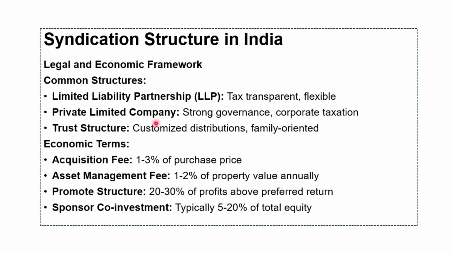Then we have private limited company, where the structure provides a strong governance framework with clear board oversight and decision making processes. However, they face corporate taxation, which can create double taxation on distribution. Then we have trust structure, with often customized distribution mechanisms, and they are often preferred for family oriented investments where multiple generations might be involved.